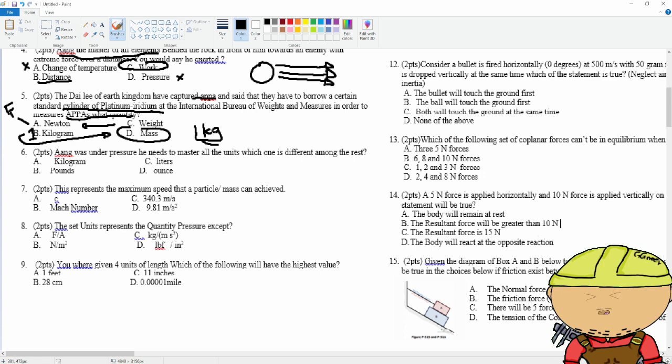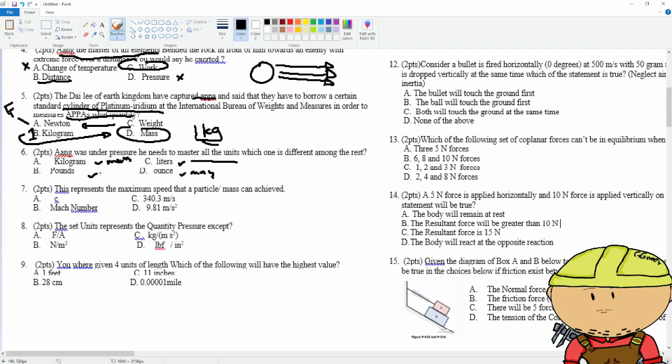Ang was under pressure. He needs to master all the units, not the elements. Which one is different among the rest? Kilogram, pounds, liters, ounce. Ounce is mass. Kilogram is mass.